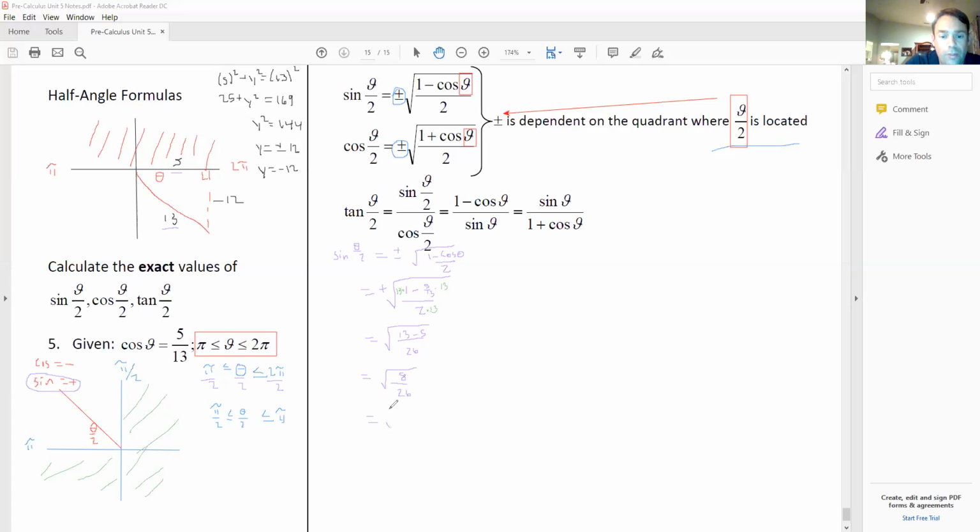And if I reduce that, I end up with 4 over 13. And I can break that radical up just a little bit. So square root of 4 over the square root of 13. And that'll be 2 over root 13.